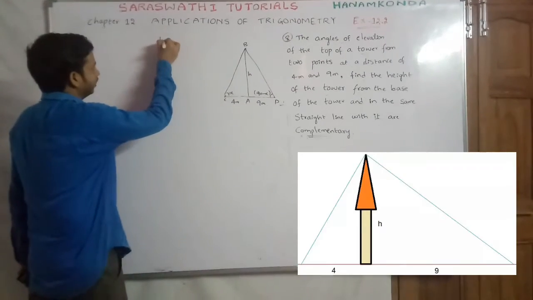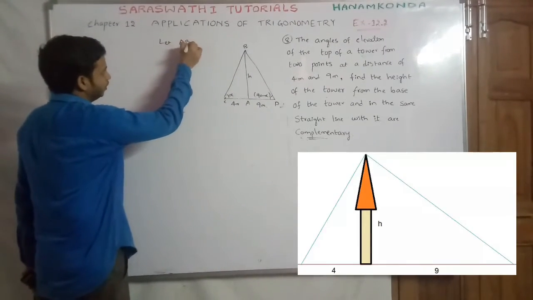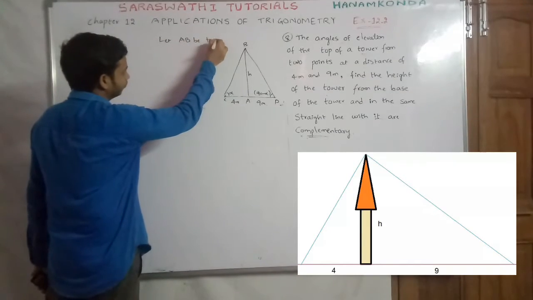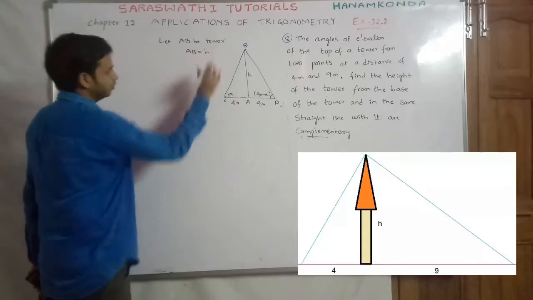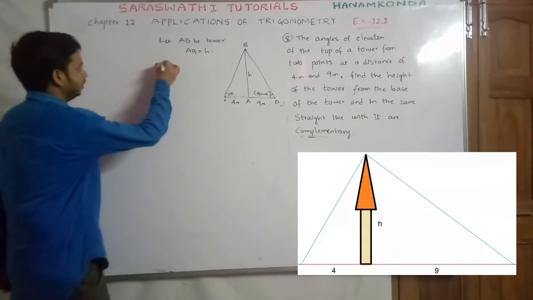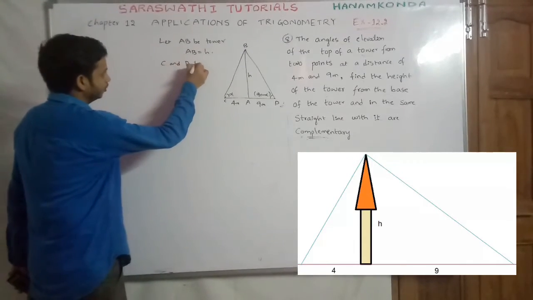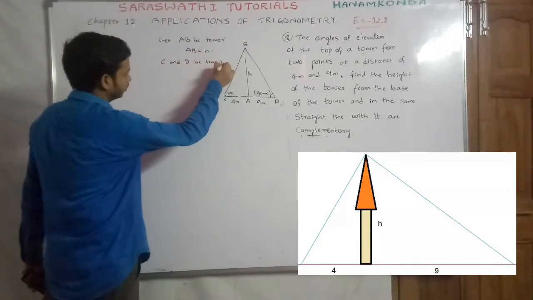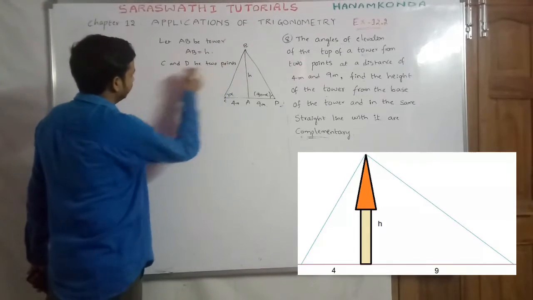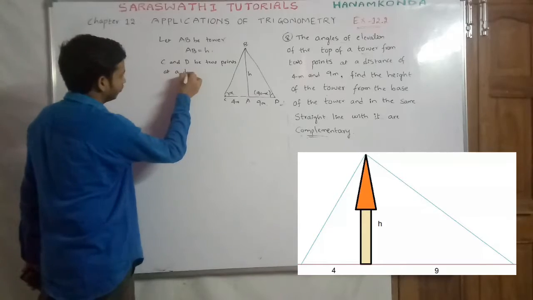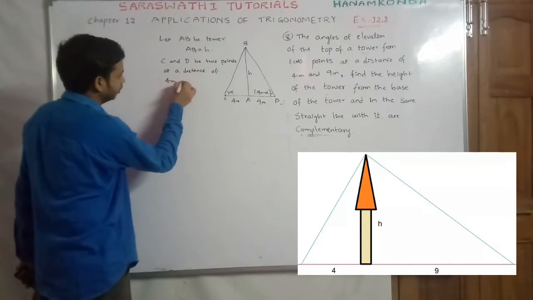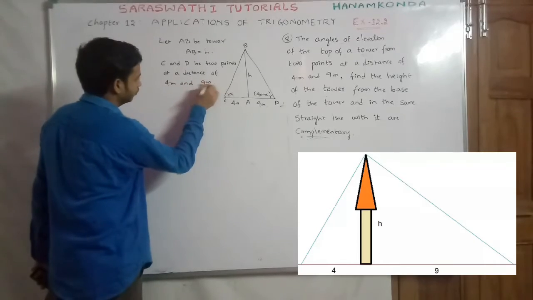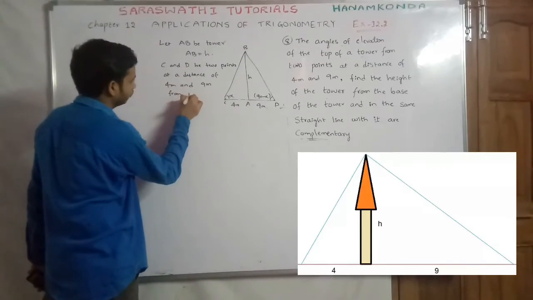Let AB be the tower. AB value here is taken as h. C and D are the 2 points at a distance of 4 meters and 9 meters from the pole.